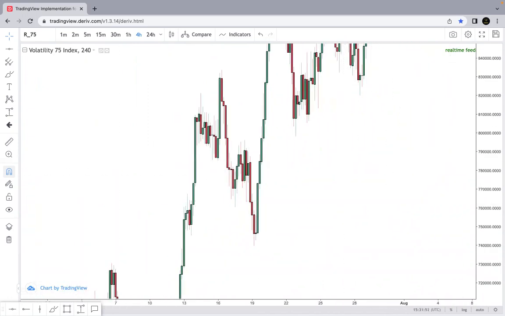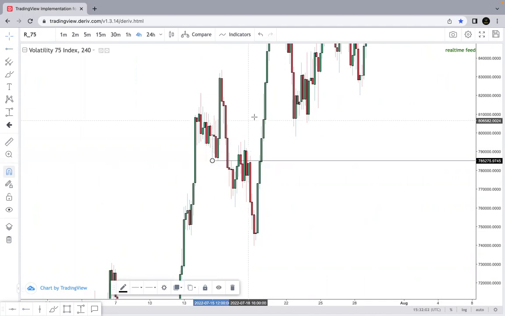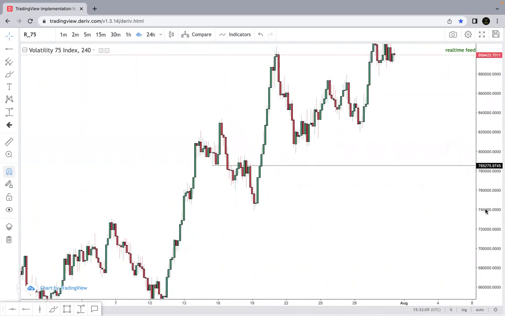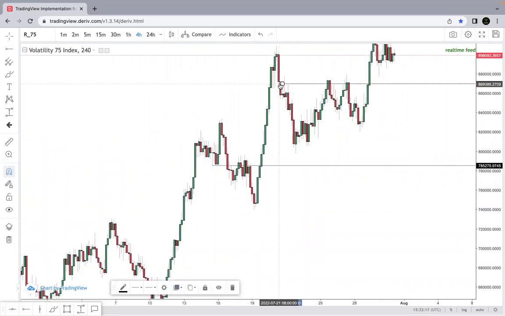We can see right here we have this sort of hidden invalidation, and we still have more sells that I took as less entry.